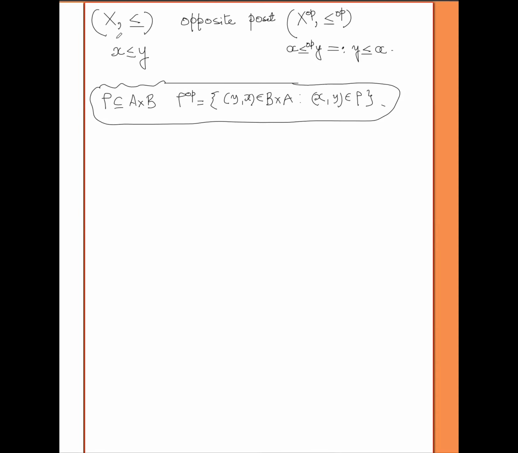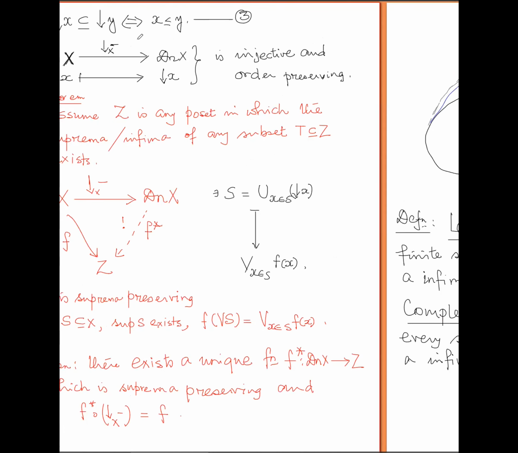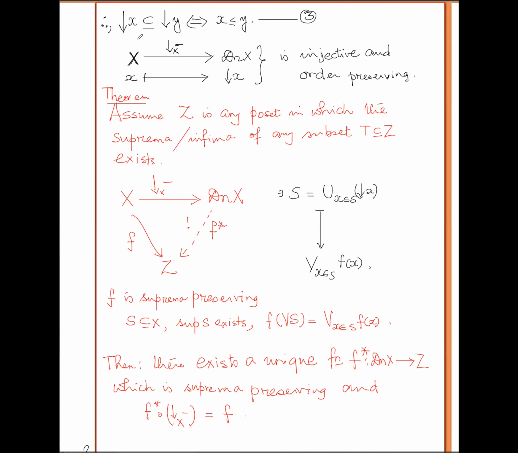We can define the suprema and infima over here. The suprema in the opposite poset is nothing else but the infima in the actual poset. So that halves our statements, and there are also some gaps in between, which we shall start from there.